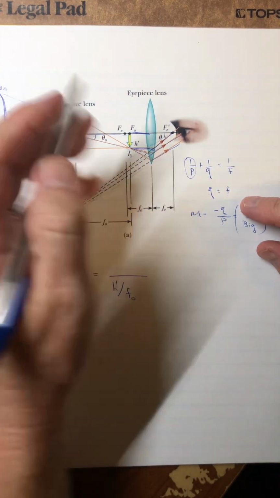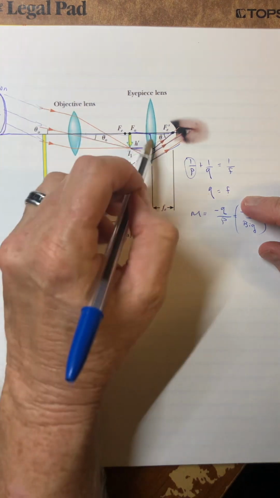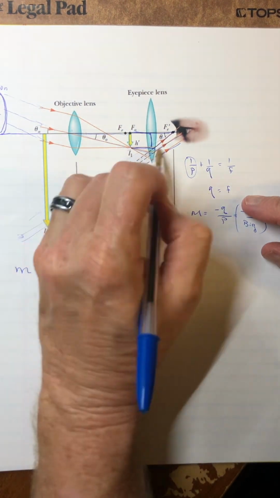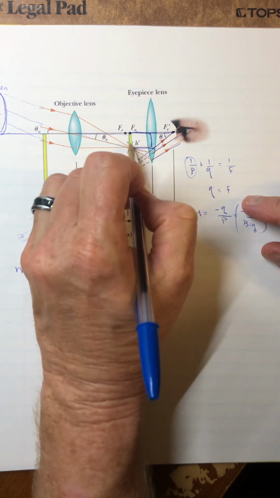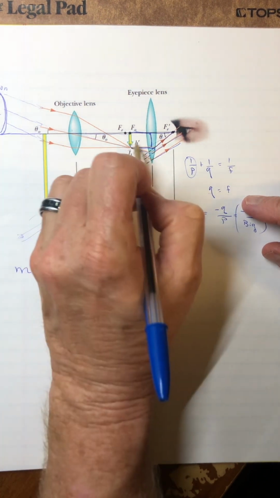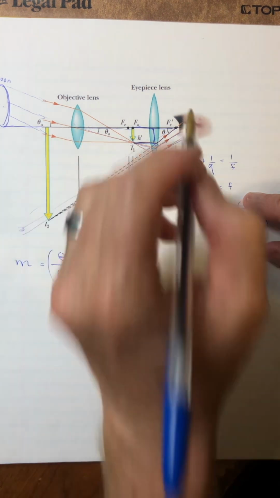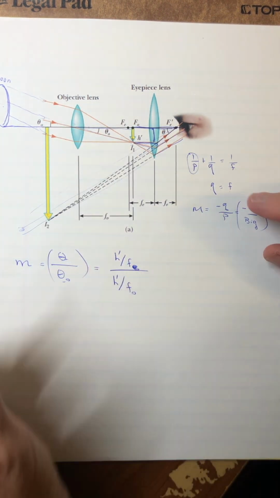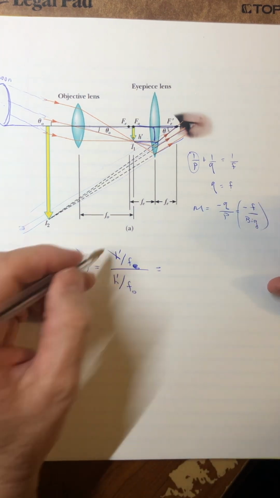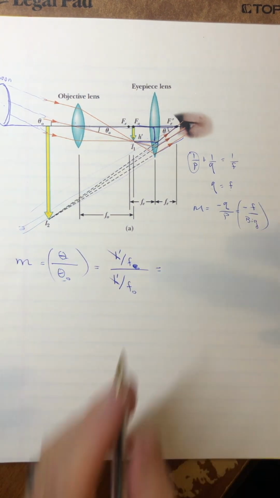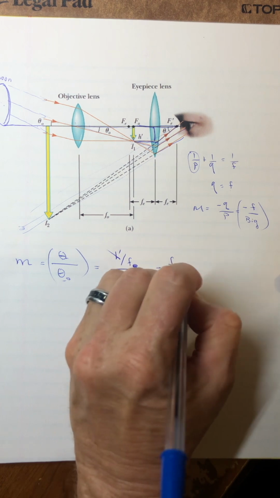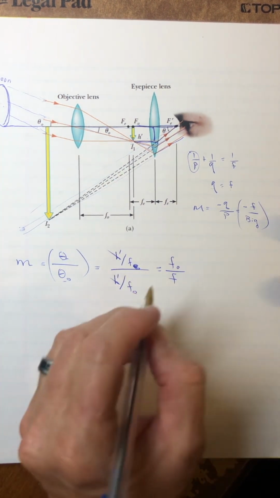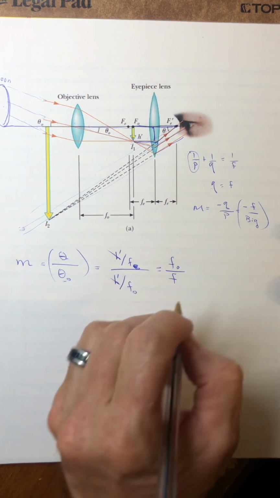But we can use this angle here to say, well, that angle would be the height h, which is the h prime, the image of the first one, which is now my object for my second one, over the focal length of my eyepiece. And then the two h primes cancel off, and you get the focal length of your objective piece divided by the focal length of your eyepiece.